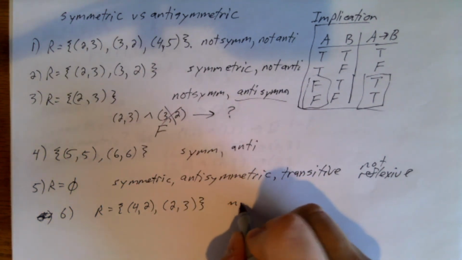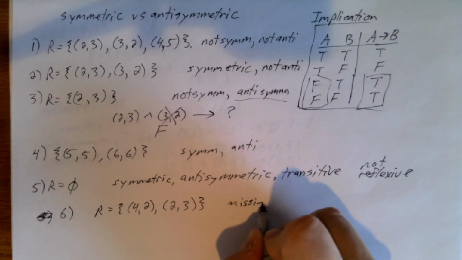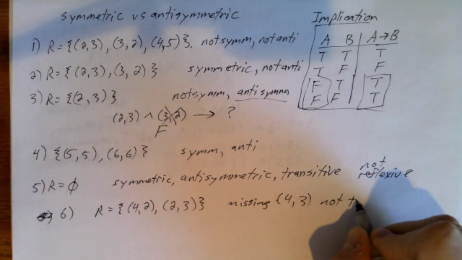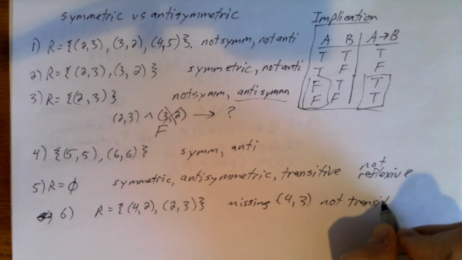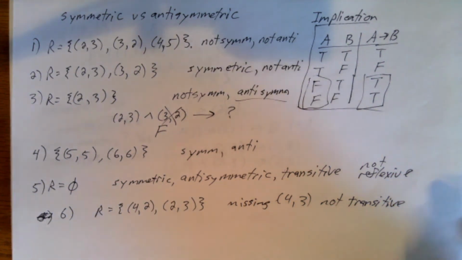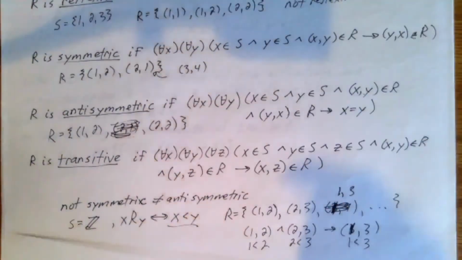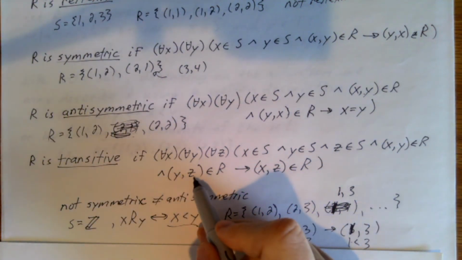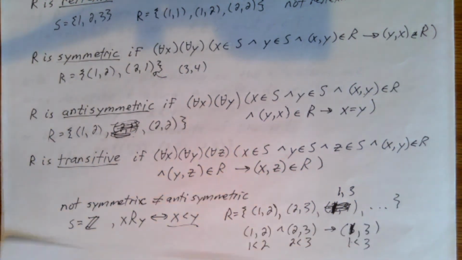So we're missing 4, 3, so it's not transitive. Right? Because once again, if we go back to the logical description, if we have x, y, and y, z, then we also must have x, z.